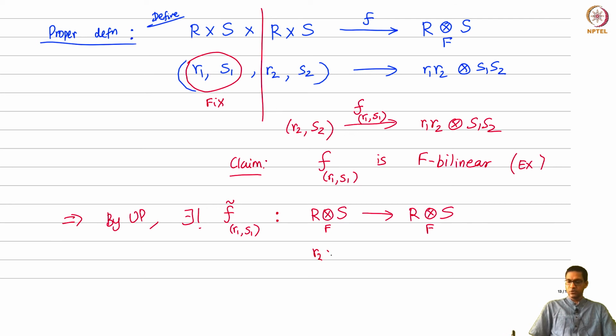Well, it takes R2 tensor S2 and maps it to R1 R2 tensor S1 S2. So there exists, at least, a well defined map like this. And what sort of map is this? This is an F linear map. However, this depends on an R1 and an S1 which we have fixed.